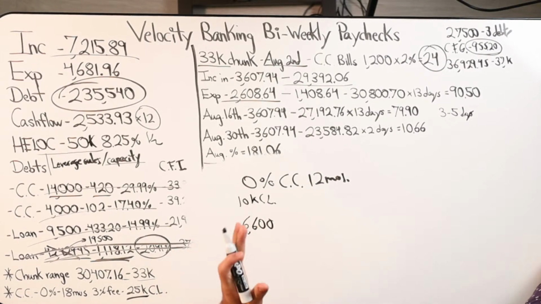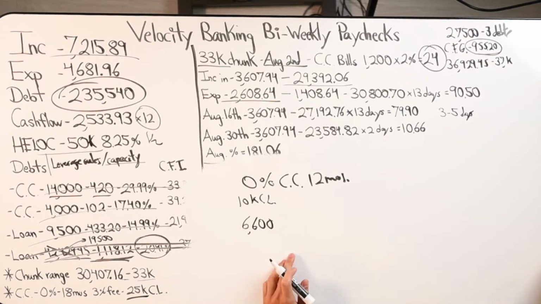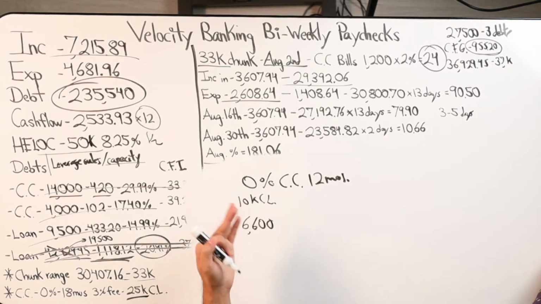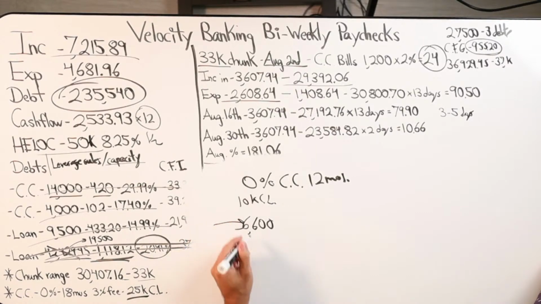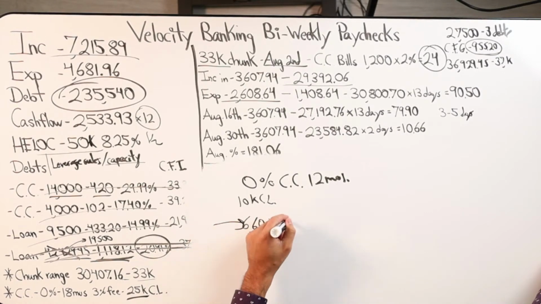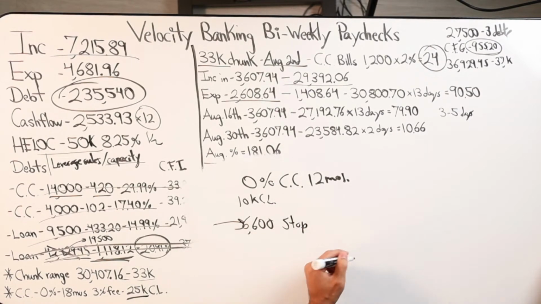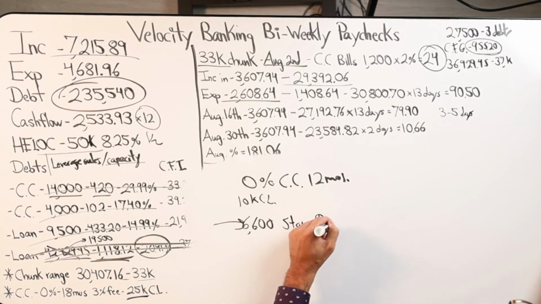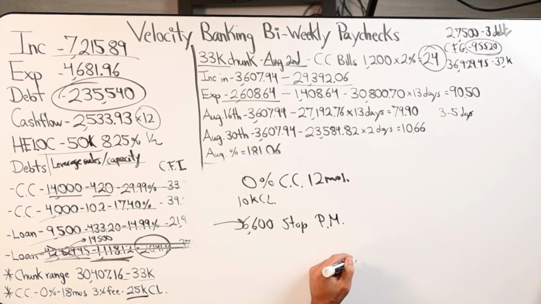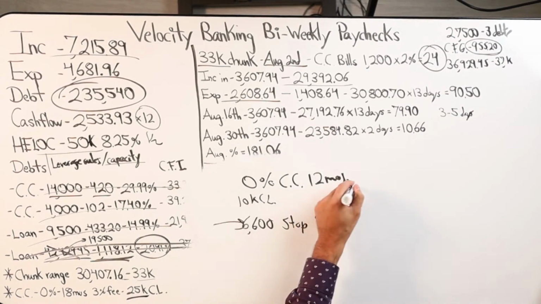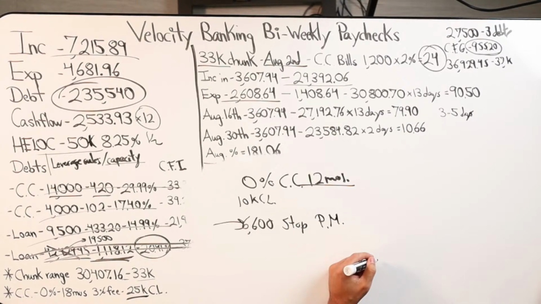And the goal here is to create temporary cash flow. So whether it's for 2 months or 3 months, until I reach 6,600, I will stop running bills on the card, then pay the monthly minimum for the 12 months.